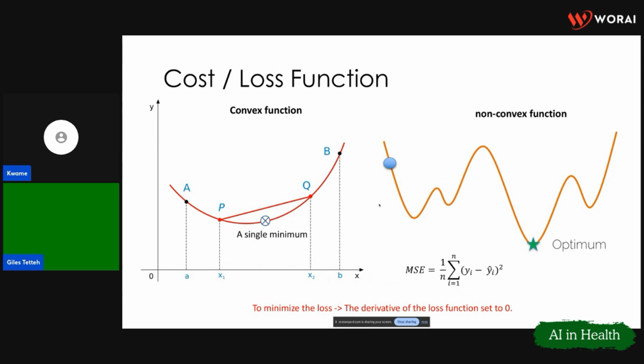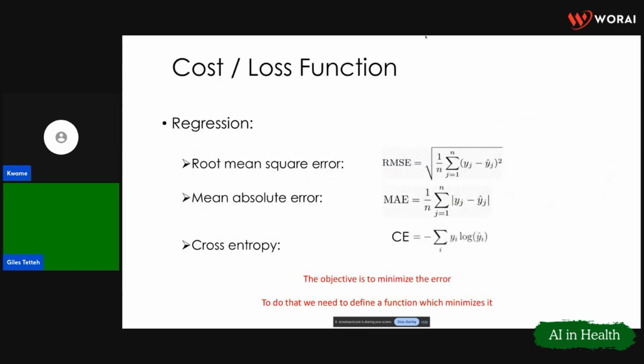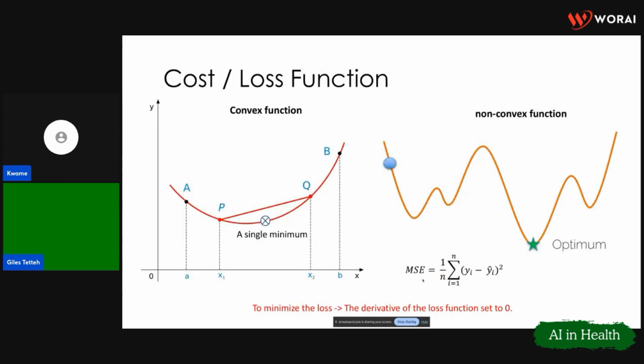So if we plot these functions, for example, if you plot them here, then by inspection, we can easily detect that, okay, this is the minimum. And at this point, our error is minimized. That is if our function is a convex function. However, you can have a non-convex function with multiple minimums like we have here, right?